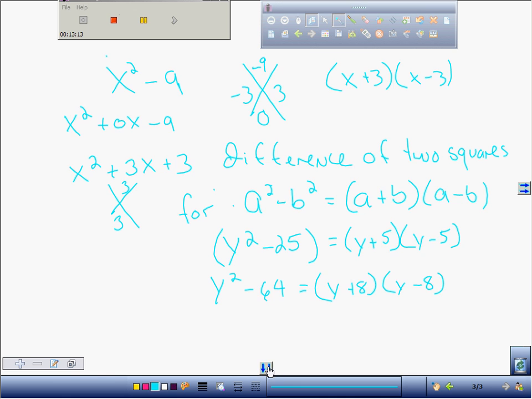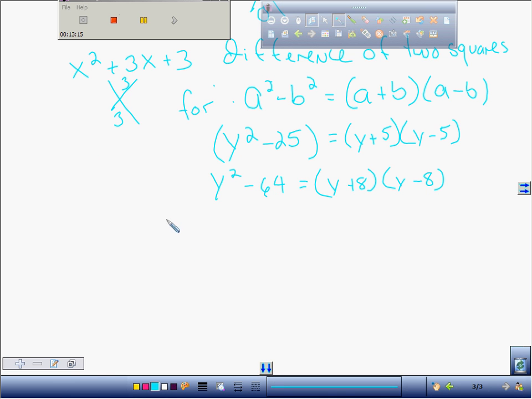Okay? What if I had 4x squared minus 9y squared? So this is a little trickier. What goes here and here? What's the square root of 4x squared?